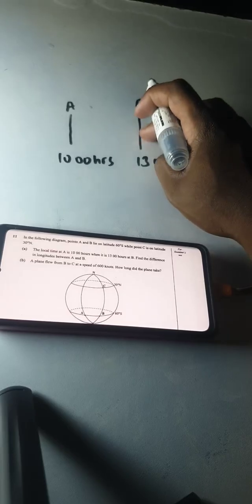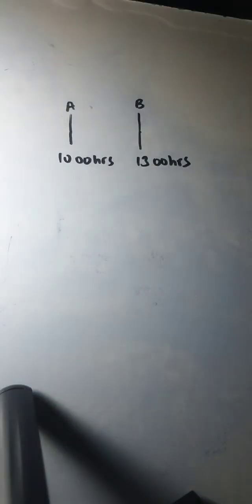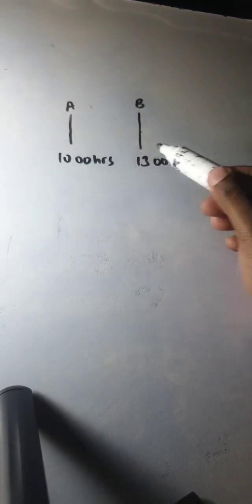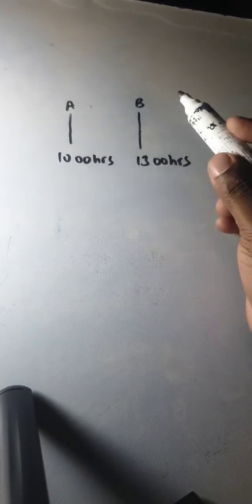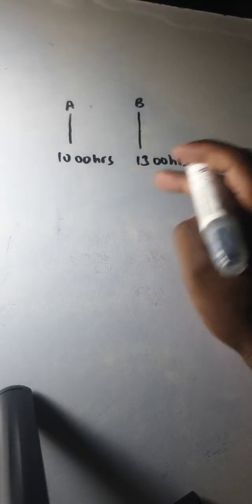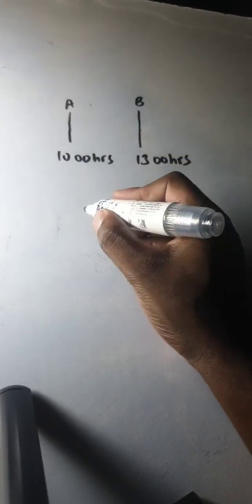If it's 10 hours at A, it is 13 hours at B. So the time difference between town A and B is 3 hours.